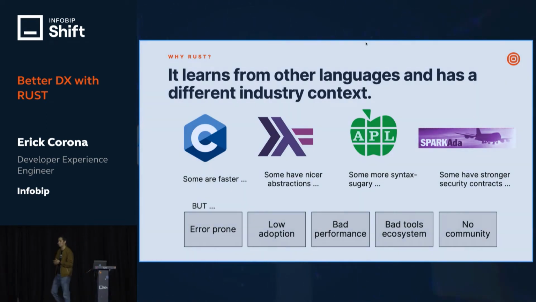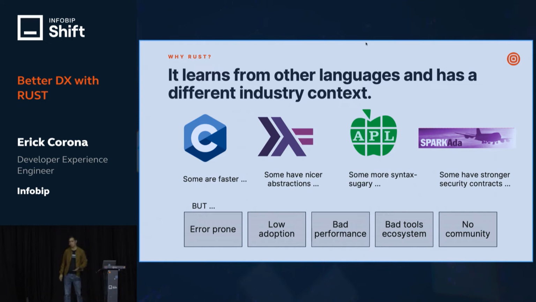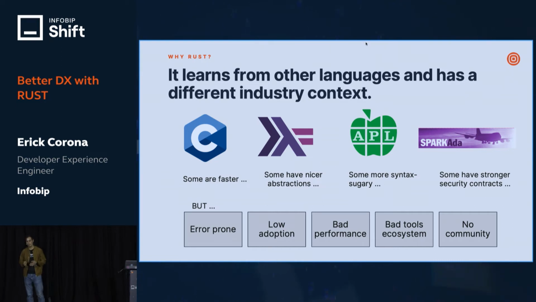So that's a cool thing that Rust learns from a lot of other languages, and it has a different context because it's actually being adopted, and it provides the industry and the community with an opportunity to improve software. So, for example, we had C, which was faster, but it's really error-prone. We have had languages like Haskell, which has nicer abstractions maybe, but it's slow in adoption.